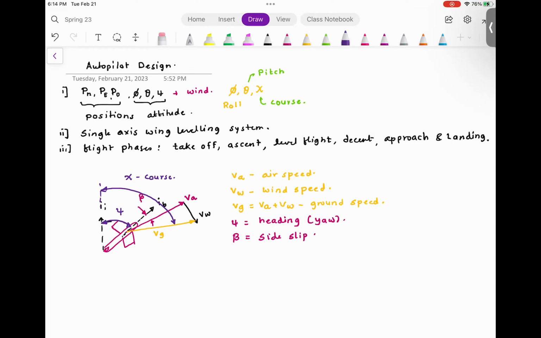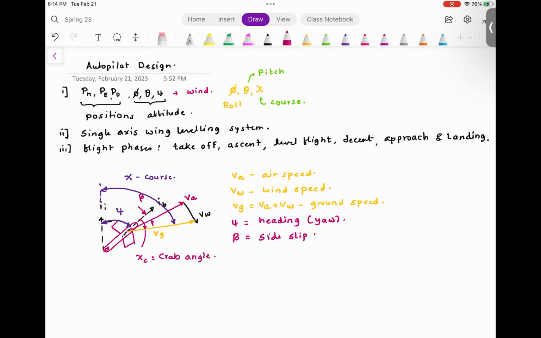And the crab angle is the difference between chi and the heading. So this one, chi C, is called the crab angle.